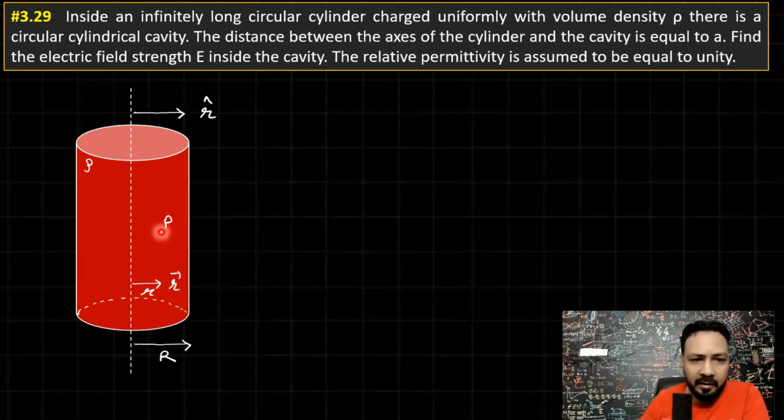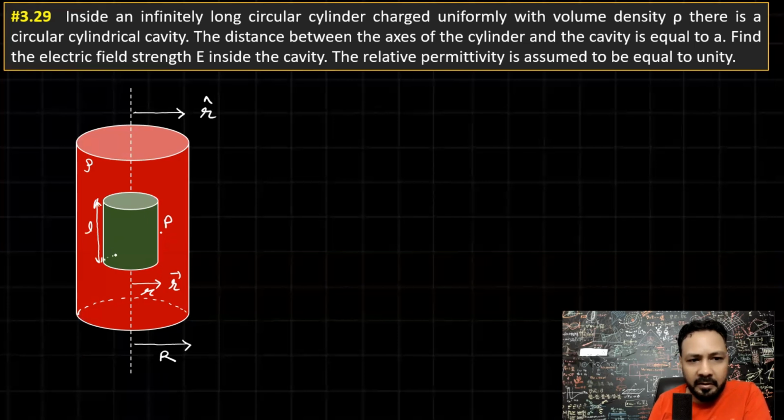Now to find the electric field at P, I will have to take a Gaussian surface which passes through P. Symmetry tells me that I should take a Gaussian surface which is a cylinder whose axis coincides with the axis of the original cylinder. This is the Gaussian surface that I have taken, and suppose it has length L, radius r.